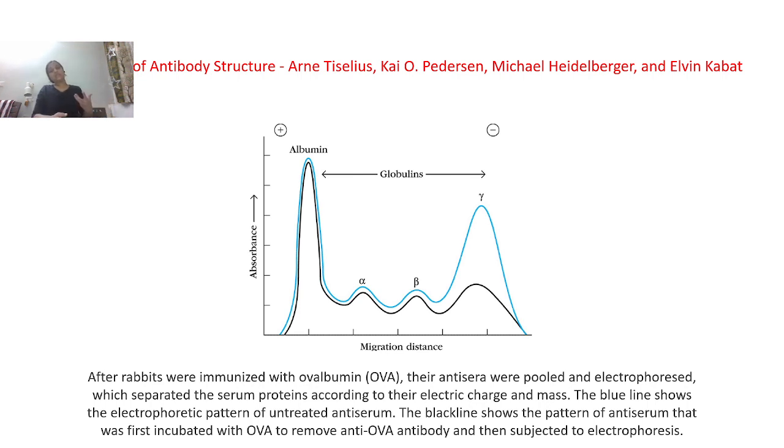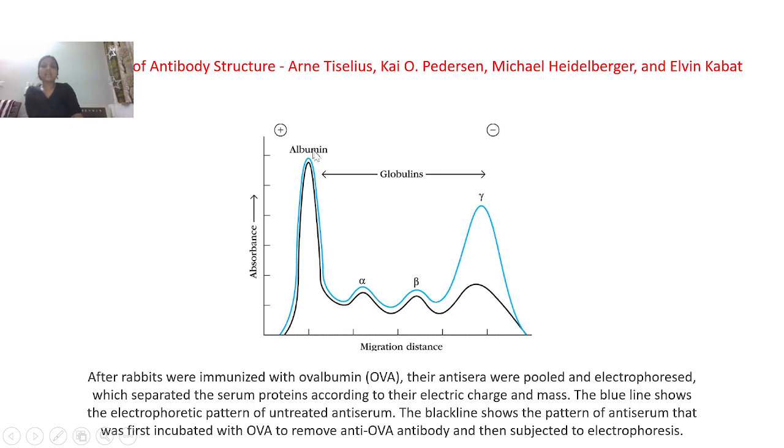They took the serum and first divided that serum into two parts. One part they electrophoresed and separated the serum proteins according to the electric charge and mass. So here this blue line you can see is the first part which they electrophoresed.